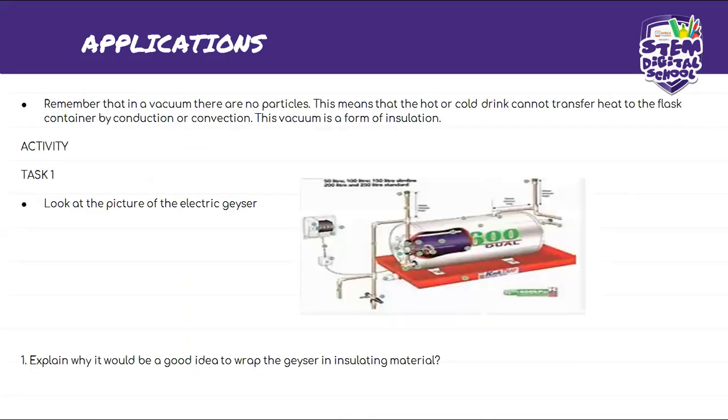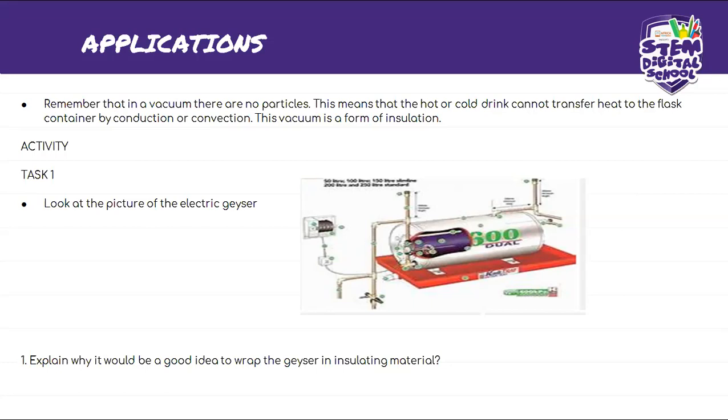Okay. Now, I just want us to look at this. Remember that in a vacuum there are no particles. This means that a hot or cool drink cannot transfer heat to the flask container by conduction or convection. This vacuum is a form of what? Insulation.